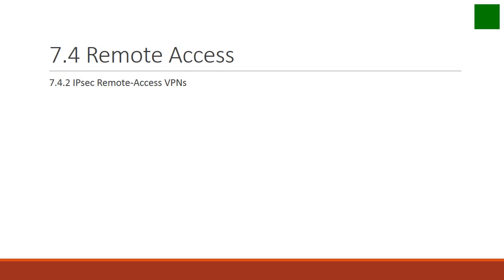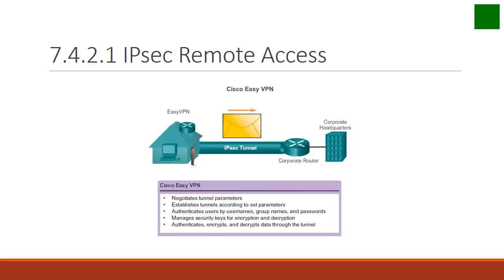Here, we're going to talk about the IPsec remote access VPNs. Many applications require the security of an IPsec remote access VPN connection for authentication and encryption of data. The Cisco EasyVPN solution feature offers flexibility, scalability, and ease of use for both site-to-site and remote access IPsec VPNs. The Cisco EasyVPN solution consists of three components: Cisco EasyVPN Server, Cisco EasyVPN Remote, and Cisco VPN Client.